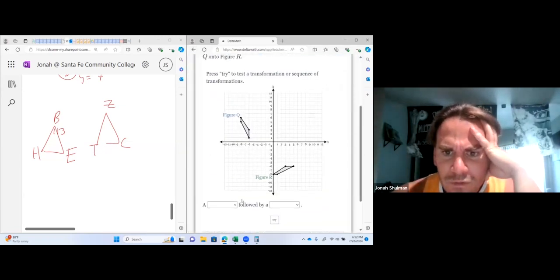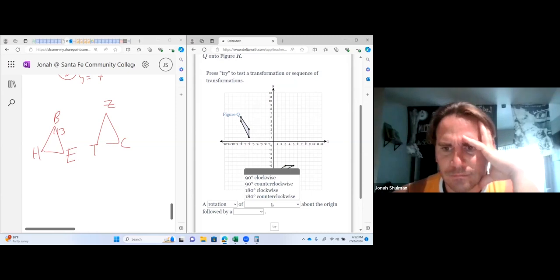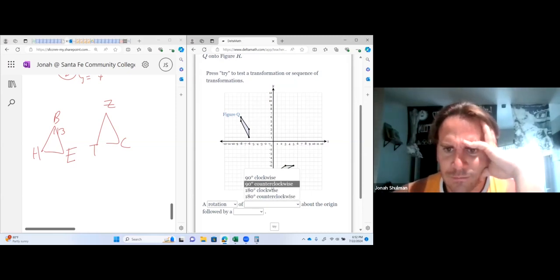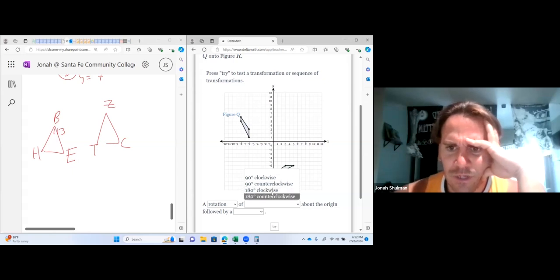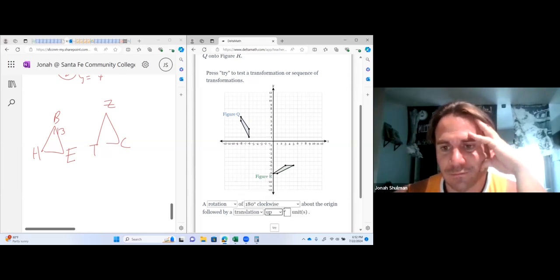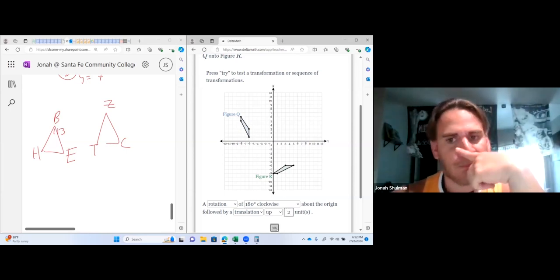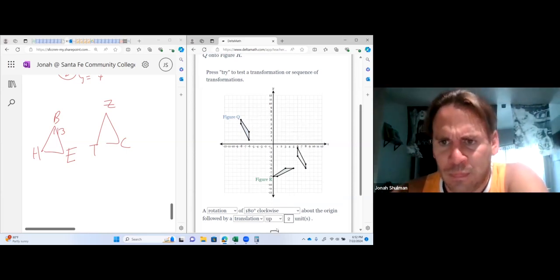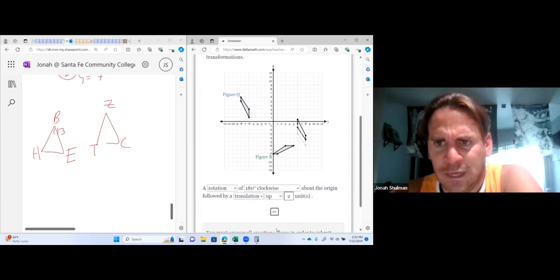All right, so this one is a rotation. Let's go 90. Let's try 180 clockwise, followed by translation. I can't visualize it. So it's not that.